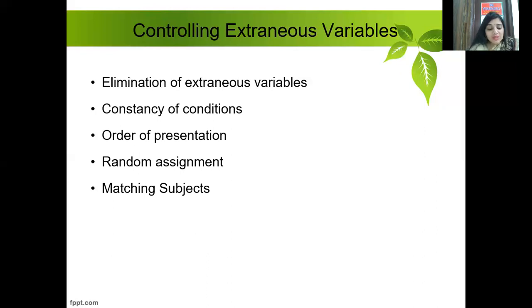For example, random assignment of subjects to the various experimental groups is the most common technique used to prevent test units from differing from each other on key variables. It assumes that all characteristics of these subjects have been similarly randomized. So you have to randomize all the characteristics of variables.